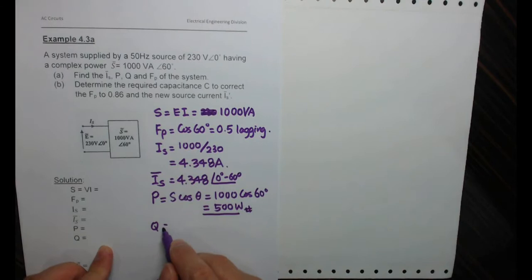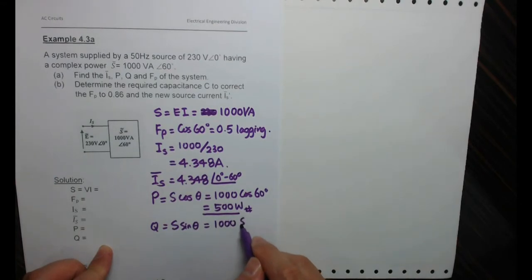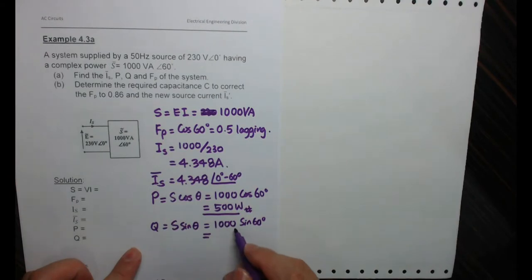Q is S sine theta, which is 1000 sine of 60 degrees. So that gives me 866 VAR.